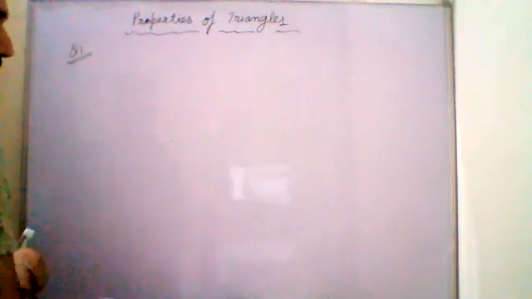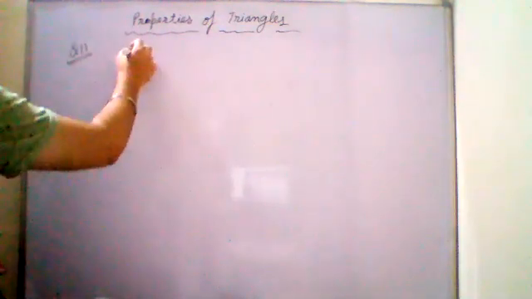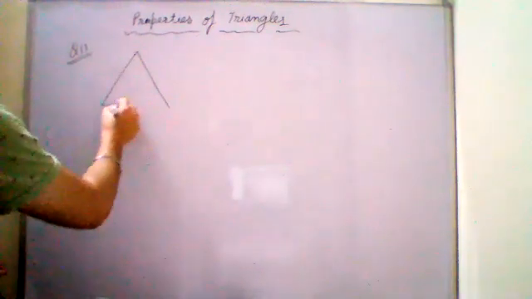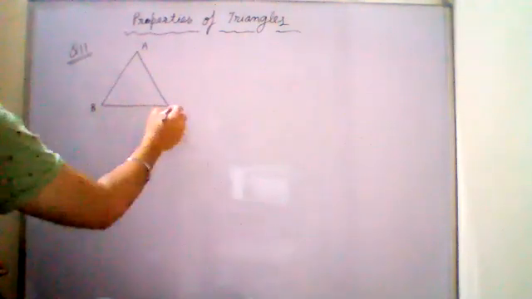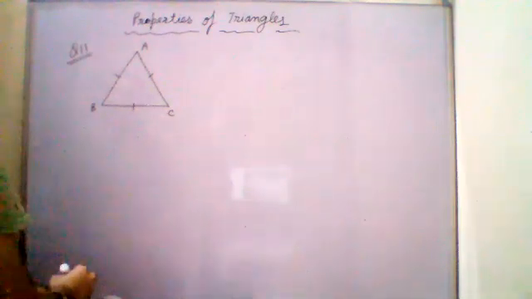You have to find the measure of all the three angles of an equilateral triangle. An equilateral triangle is one in which all the three sides are equal, and you also know that all the three angles are also equal.